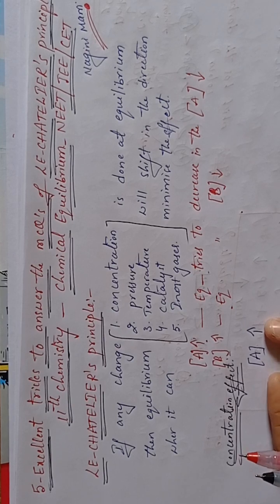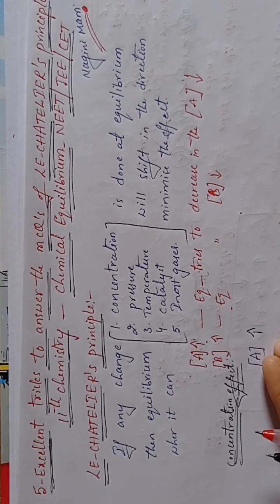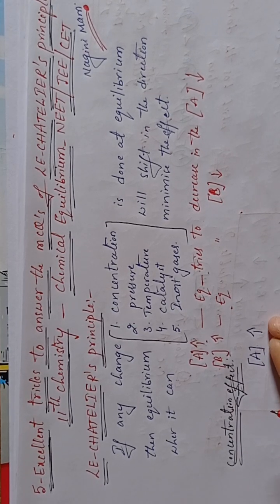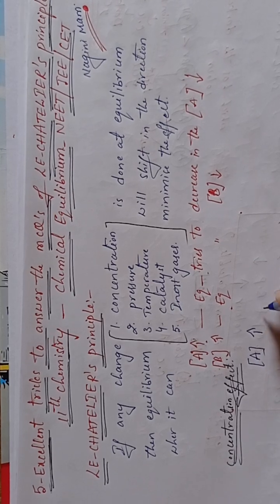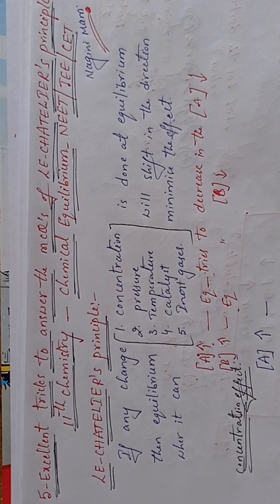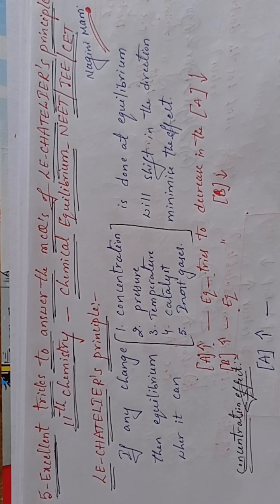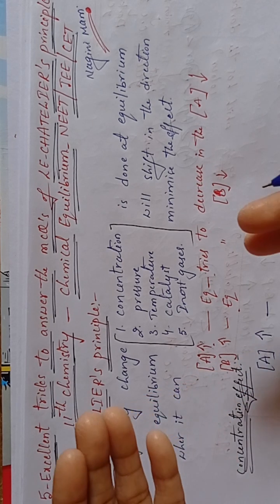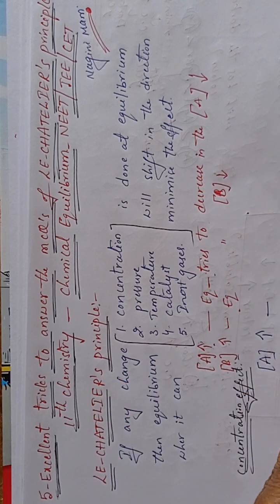If you are increasing the concentration of the reactant A, clear? then the equilibrium has to shift in the direction to decrease the concentration of the reactant A. Understanding? That means the equilibrium itself minimizes the effect.